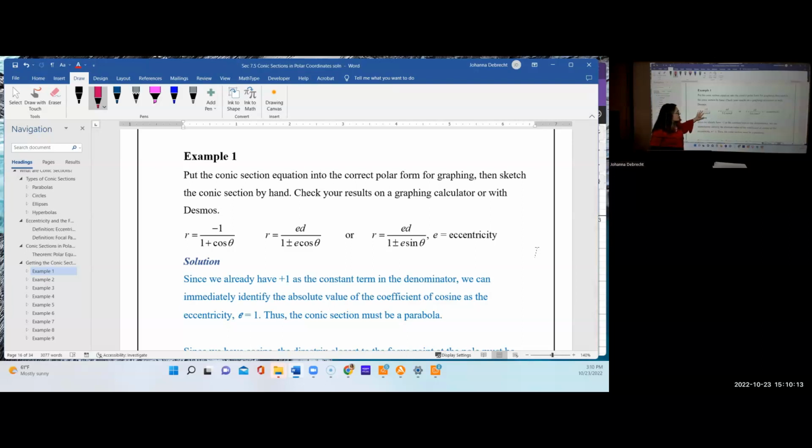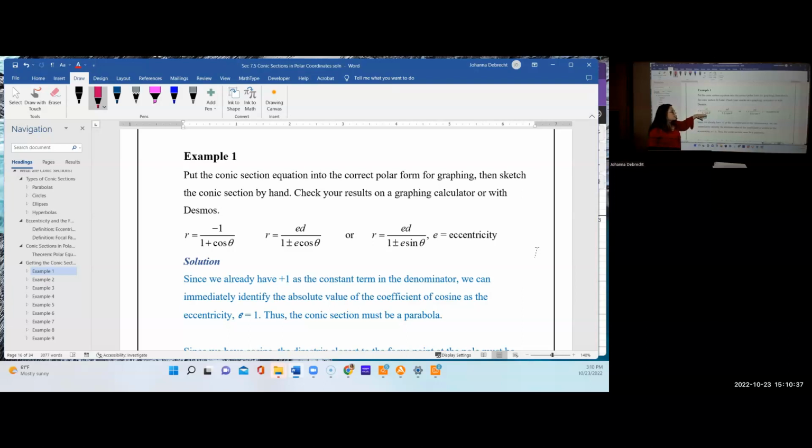So we're looking at this equation right here, and I did copy off the equations that can be used for conic sections, non-circles, in the polar coordinate system. This is for your parabola, your hyperbola, and your ellipse, all right? Either one of these two. My equation is -1 over 1 plus cosine of theta.